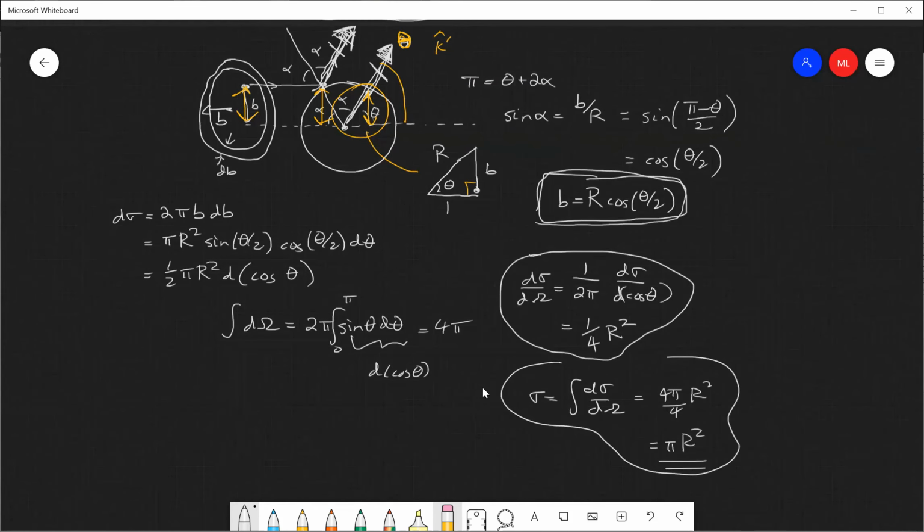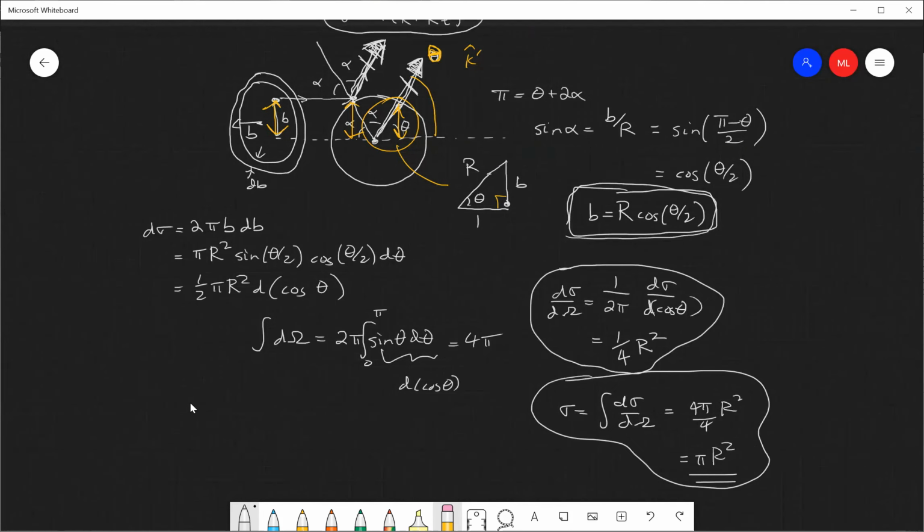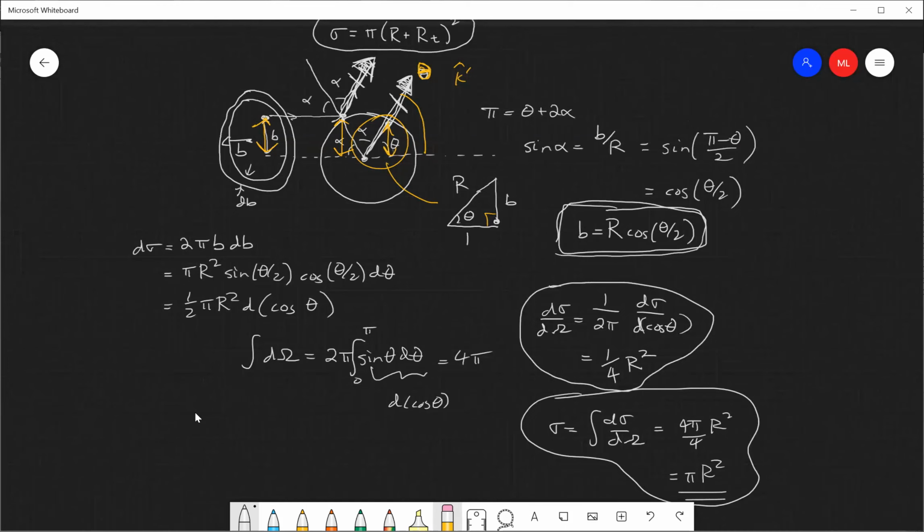You get the total cross section, you get the differential one. And that's it, and it kind of makes sense. This is isotropic, right? It scatters like this in all directions. There's no theta dependence.